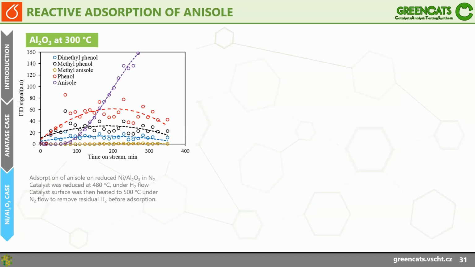And what is more curious is the, let's say, type of product. So here's the anisole breakthrough curve, but you see here forming phenol, that you would say, okay, phenol that I would expect, I cleave off the methyl from there, but then we have this type of methylated products.